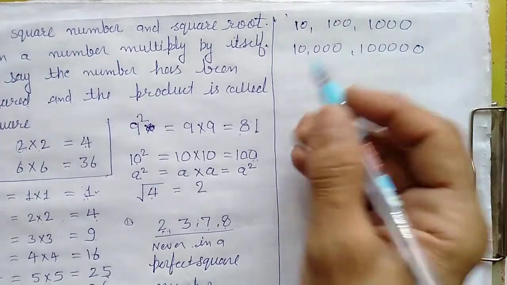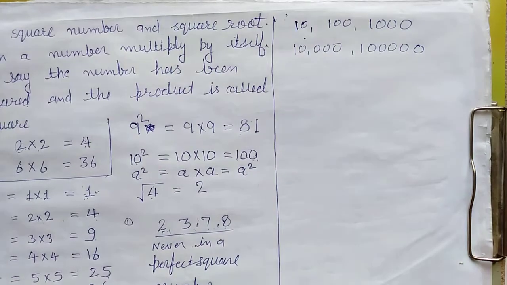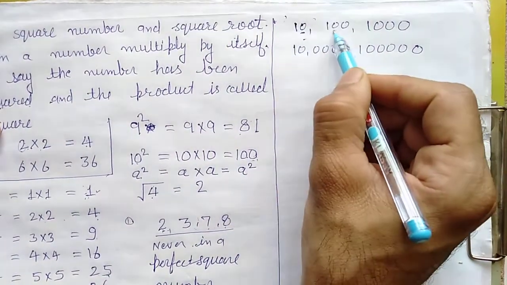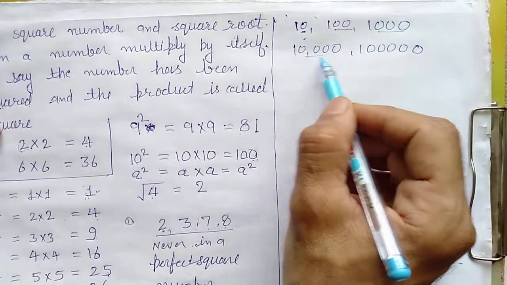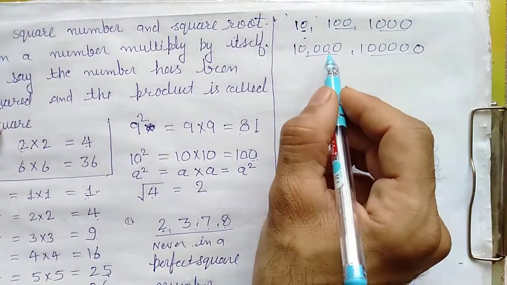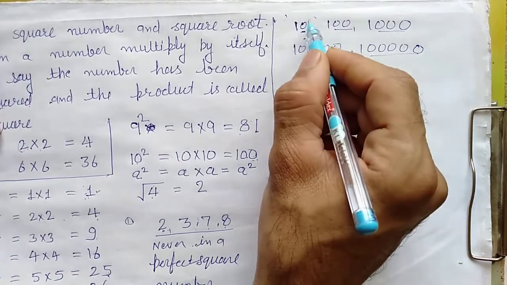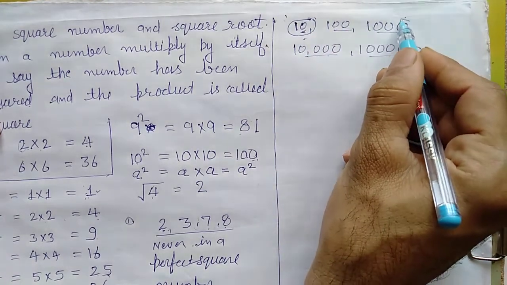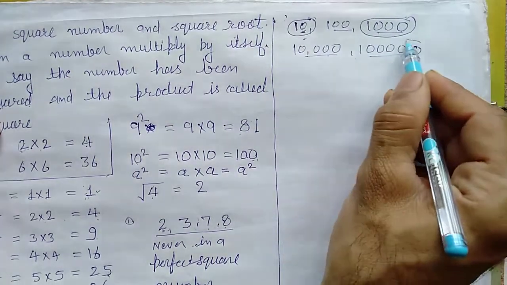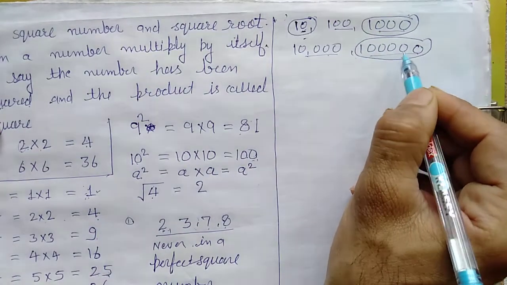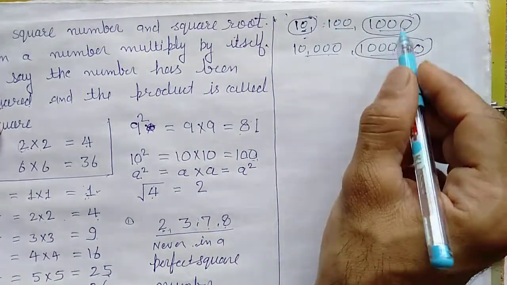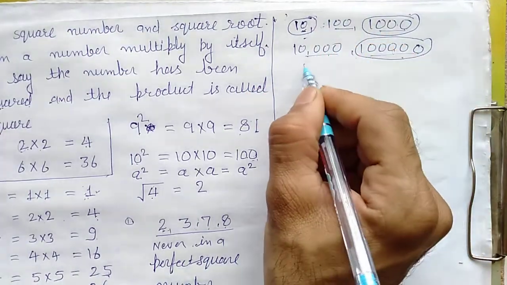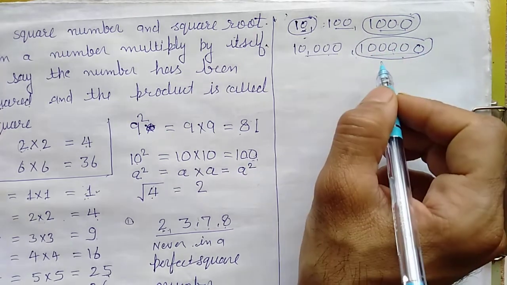You may take 2 lakh, 3 lakh, 5 lakh, whatever, but see the number of 0s at the end. How many zeros are there? 1, here 2, 3, 4, 5. If the number of 0s is odd, like 1 here, 3 in this number, 5 in this number, these numbers are not perfect squares. So circle these, they are not perfect squares.